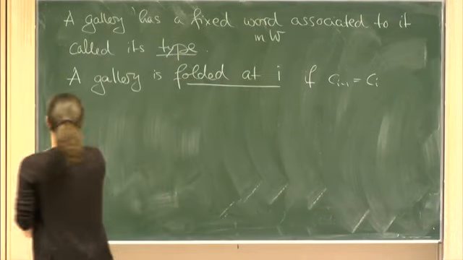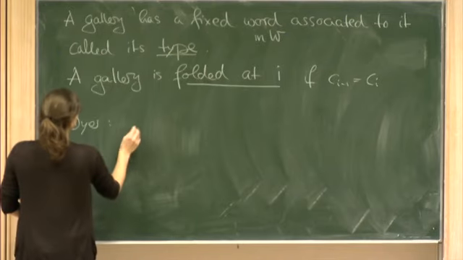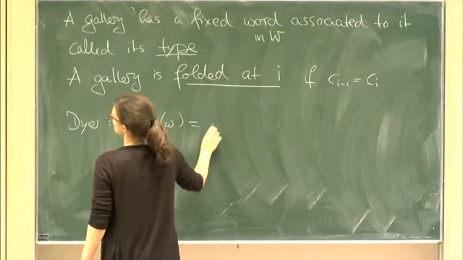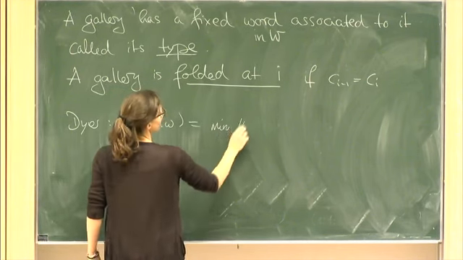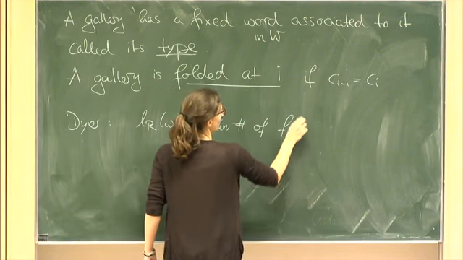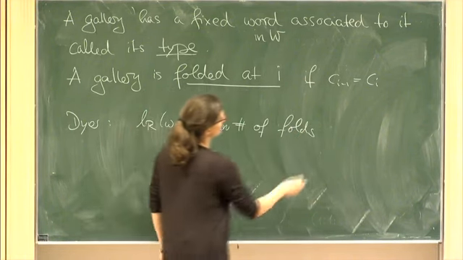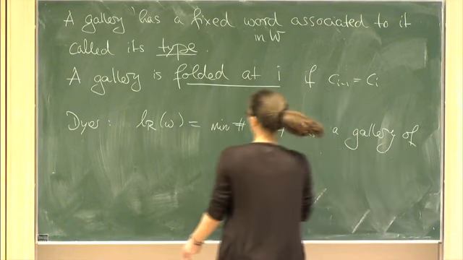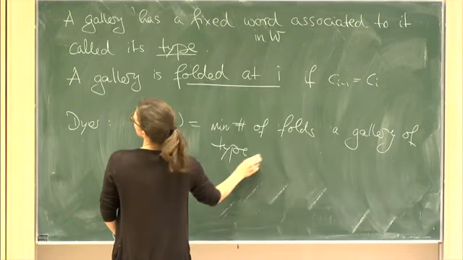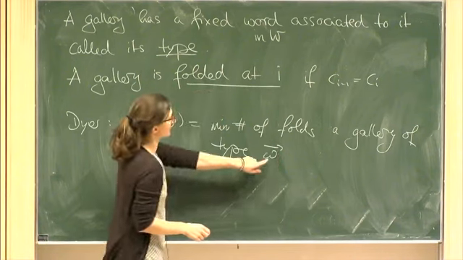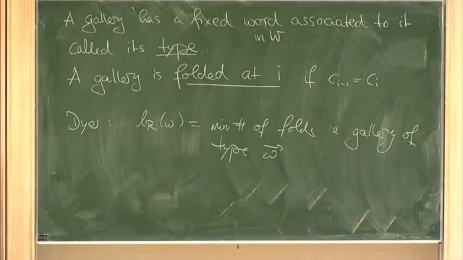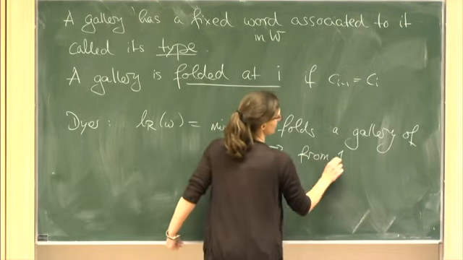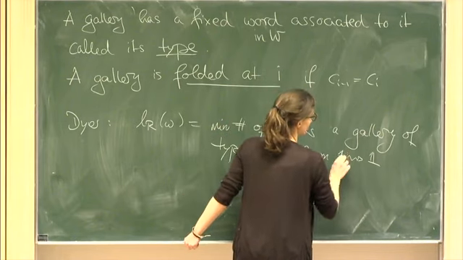So you can rephrase Dyer and say this length is the minimum number of folds a gallery of type w, and I put an arrow because here you really need to fix this word you picked for w, that runs from the identity to the identity.